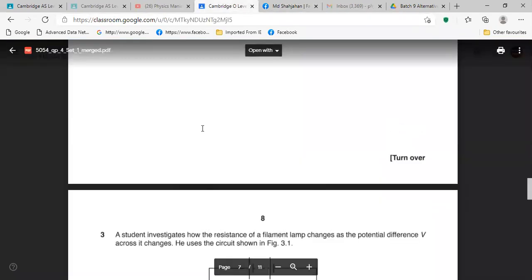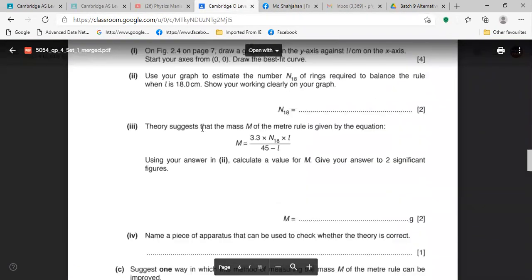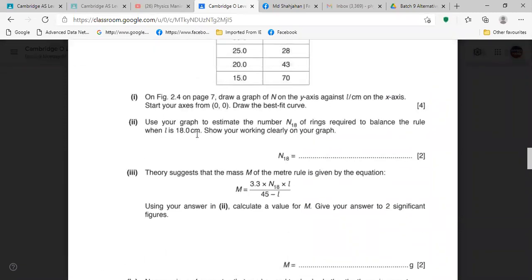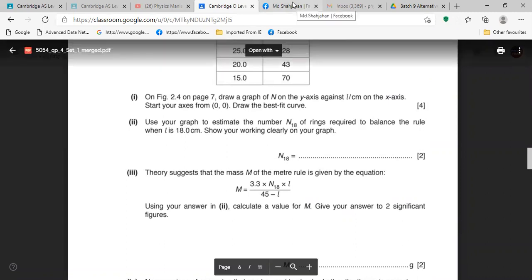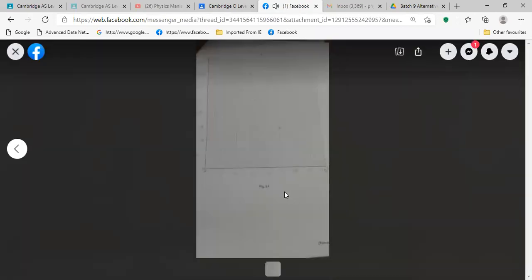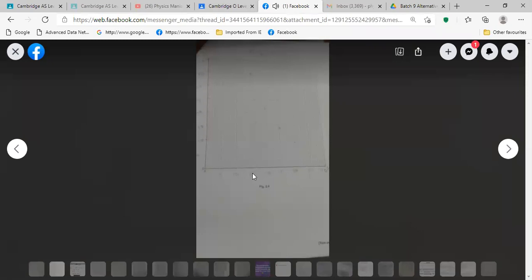You have here N18. You find N18 where L equals 18. Corresponding to L18, you find N. This is L18 here.